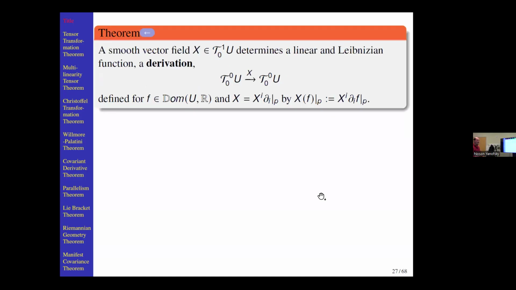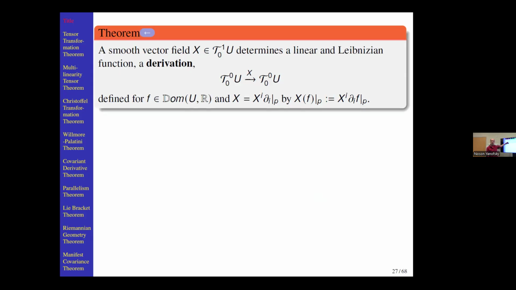Okay, and again, as I said, linear and Leibnizian things come up over and over again, and you have the coordinate functions. The partial derivative function is defined on the scalar fields, C infinity zero-zero. That's a new notation.